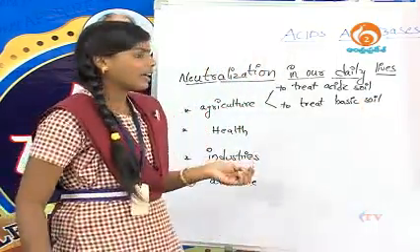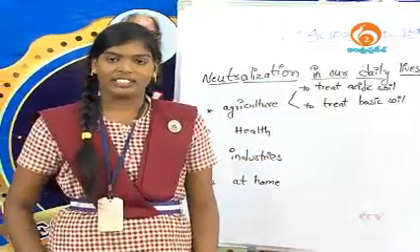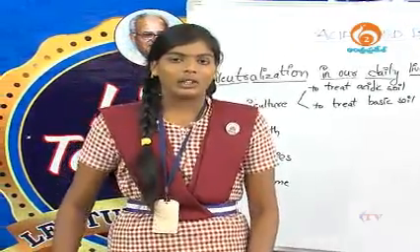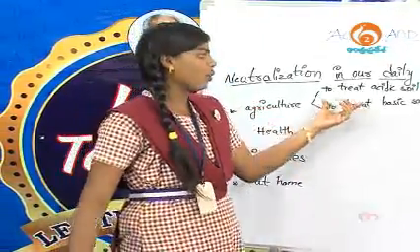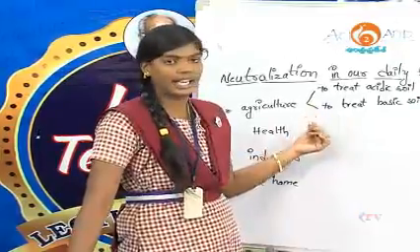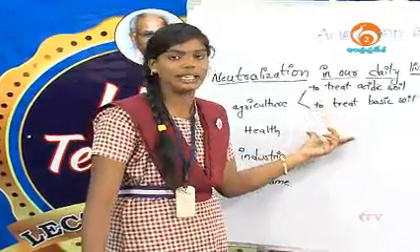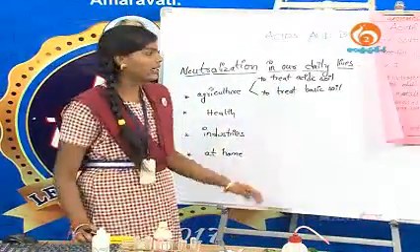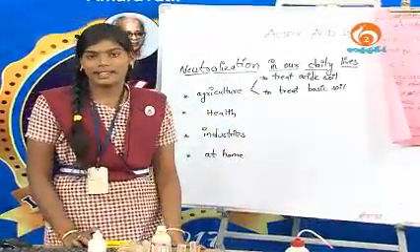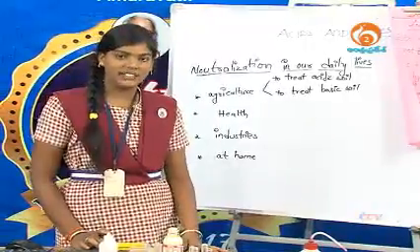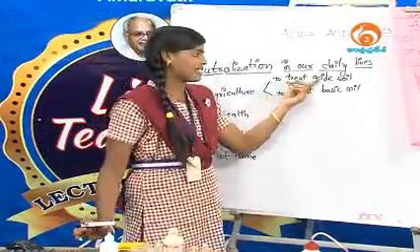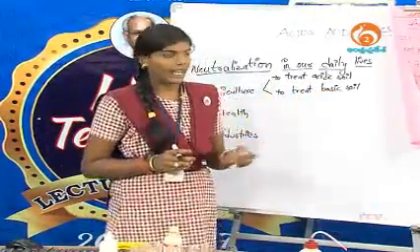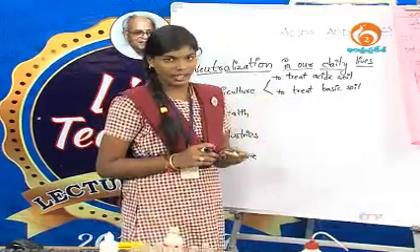Friends, I ask one question. If the soil has acidic nature, what precautions do we take? Yes, we use basic fertilizers. If the soil has basic nature, then we use acidic fertilizers. Plants cannot grow well in acidic soil.